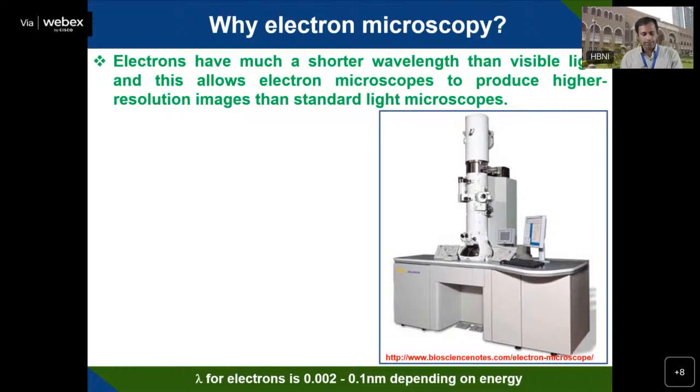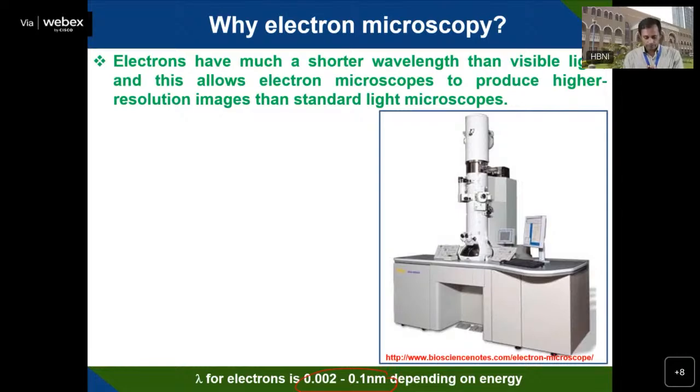You have to go for an electron microscope, because the electron has a much shorter wavelength than visible light. And this allows the electron microscope to produce higher resolution images than the standard light microscope. Hence, in case of electrons, you can vary the wavelength from 0.002 to 0.1 nanometer, depending upon the energy of the electron.